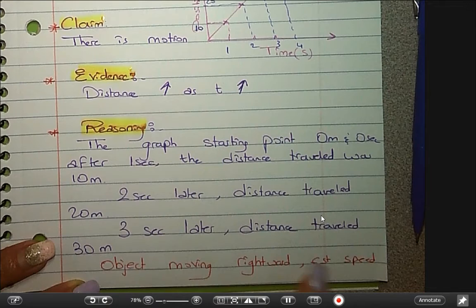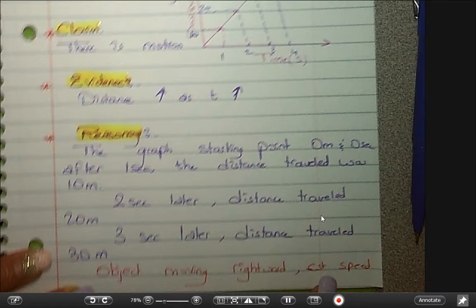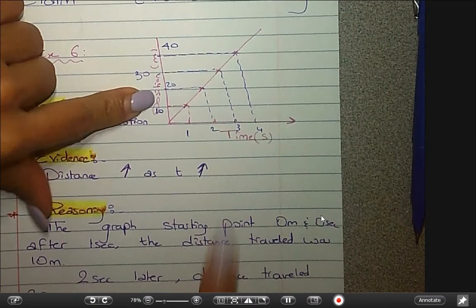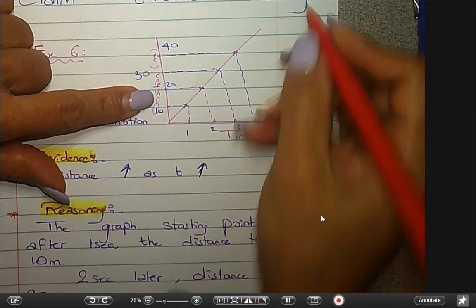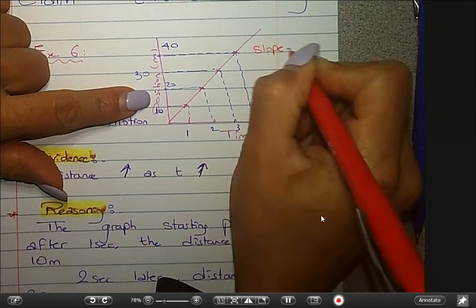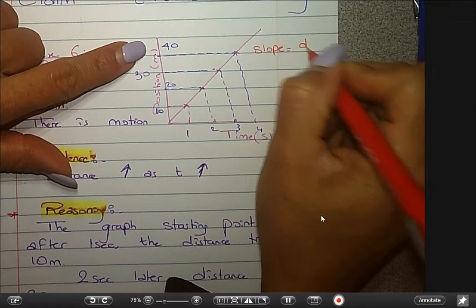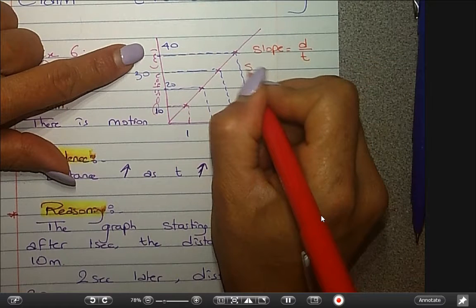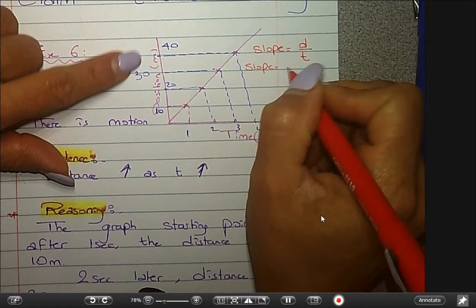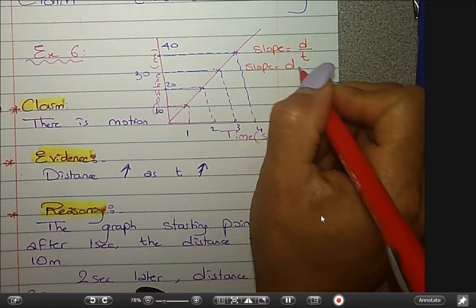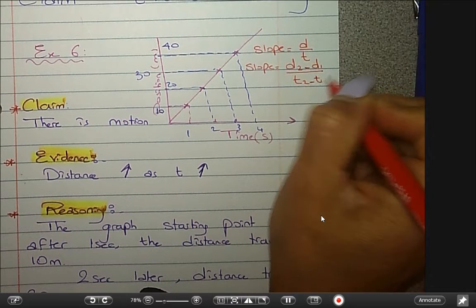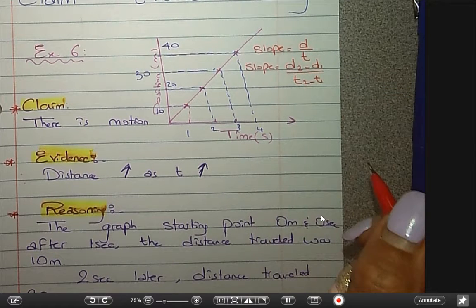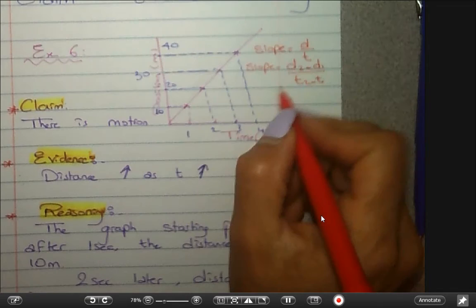How do I prove that this was at a constant speed? So I have position and I have time, and I know this is a straight line. So the slope is the position over the time. Slope is distance 2 minus distance 1 over time 2 minus time 1. And I know that this is the formula for velocity.